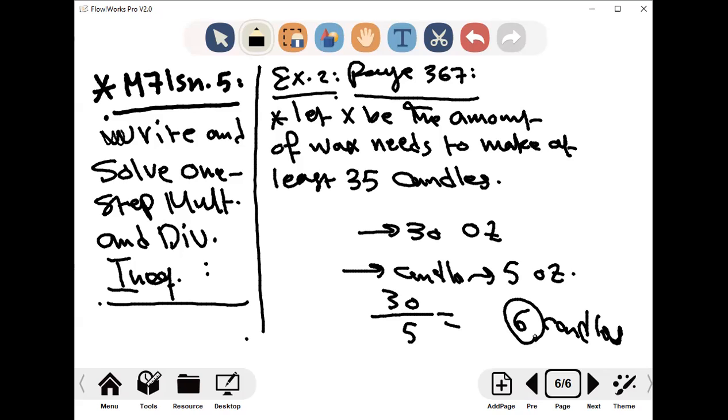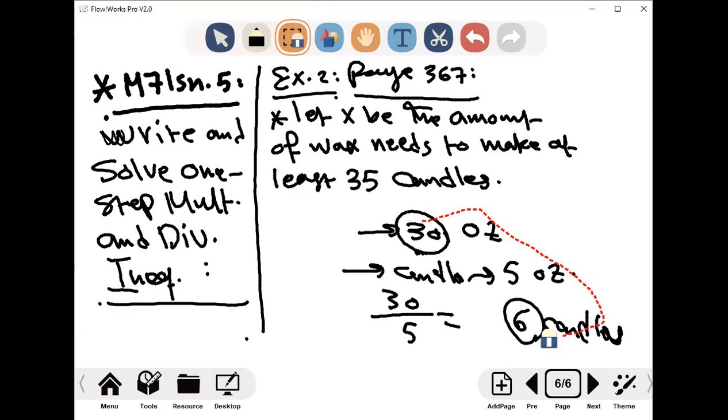Same idea here, but here we don't know what the 30 is. We call it x. So I will divide x by how many ounces each candle needs. And 35 at least means I want 35 or more: 35, 36, 37 candles and go on. So here let's divide x by what? 6.5.